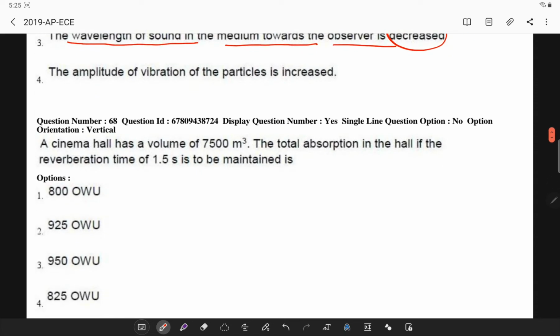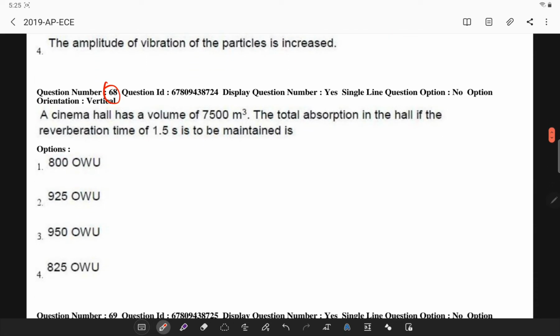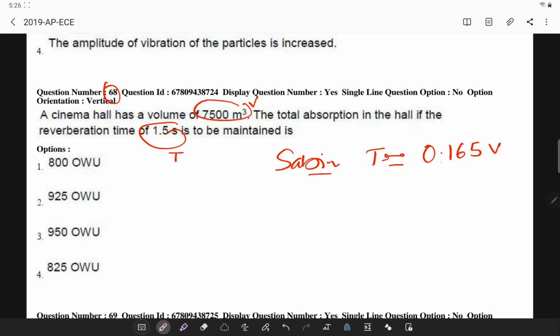So the next is a problem. So a cinema hall has a volume of 7,500 meter cube. So the total absorption in the hall, if the reverberation time is 1.5 seconds. So Sabine's formula application. So as per Sabine formula, time T is 0.165 into V by summation of the area.